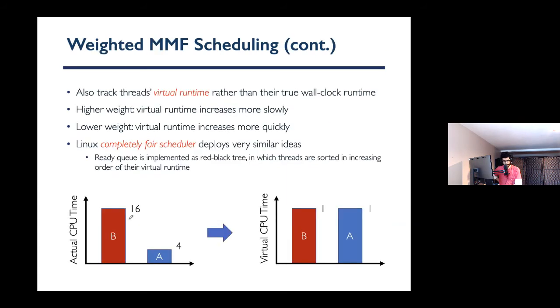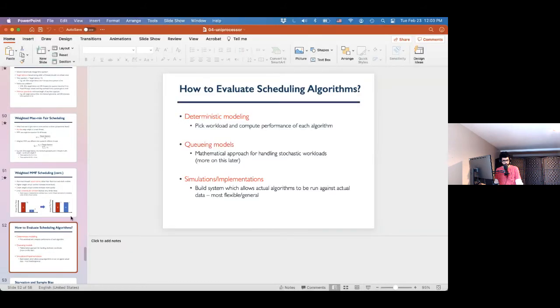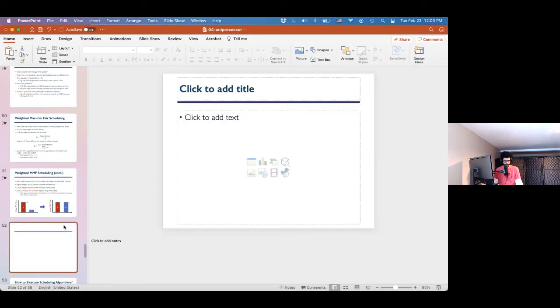Yes, so if I go back here, let's say I have two tasks. I have A with weight 4, and I have B with weight 16.